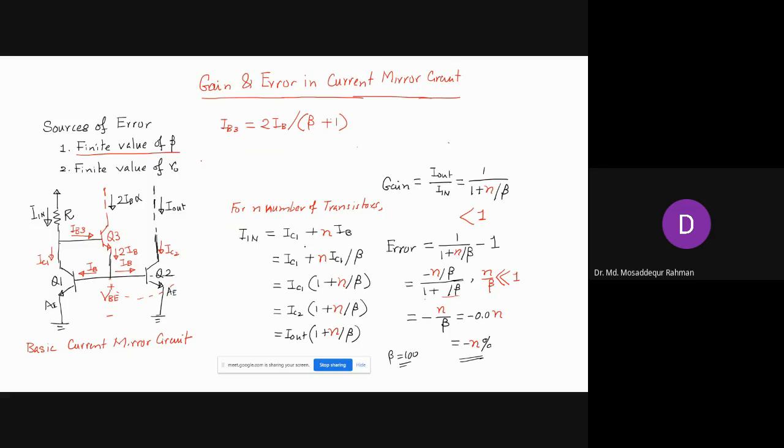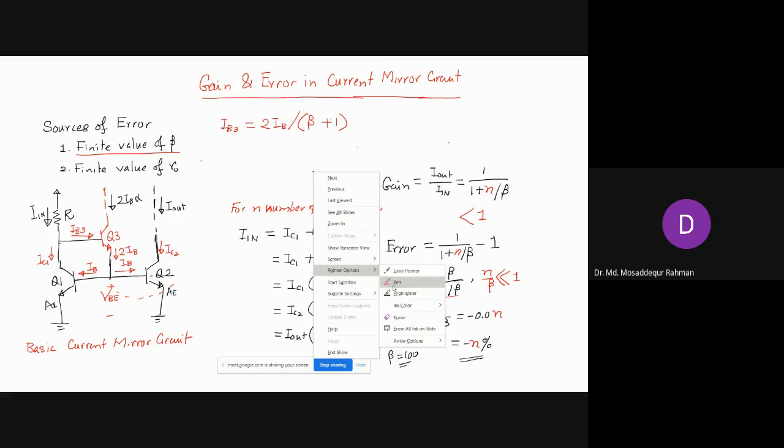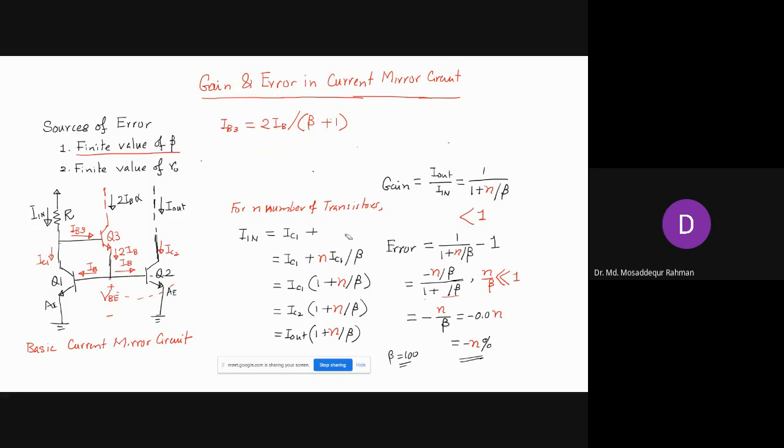So now I in IC1 plus IB3. So that is IC1 plus IB3, and IB3 is 2 IB divided by beta plus 1, and IB is basically IC1 divided by beta, right?